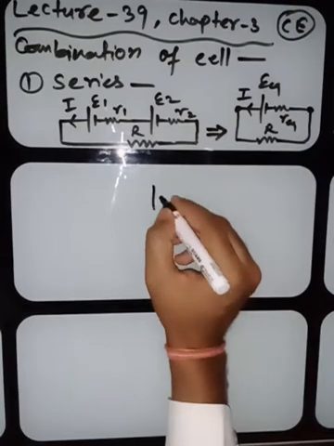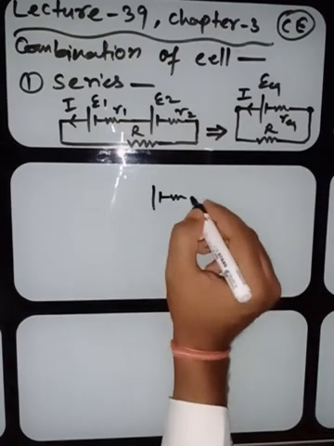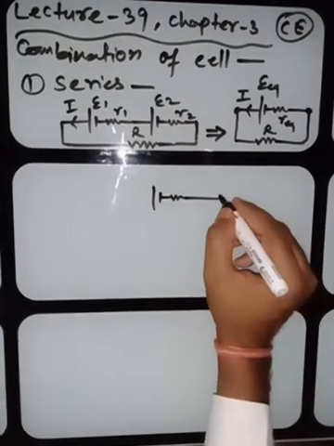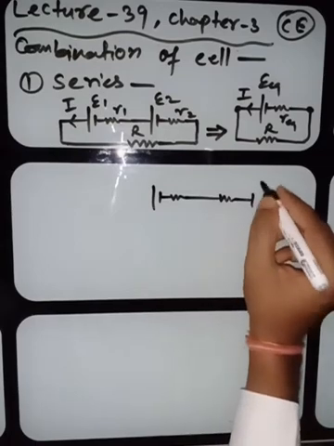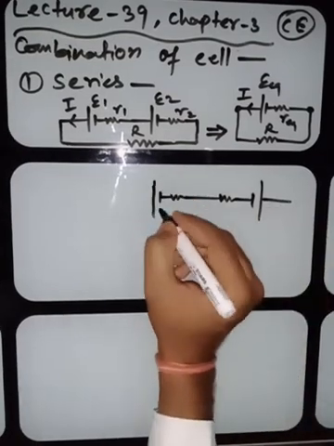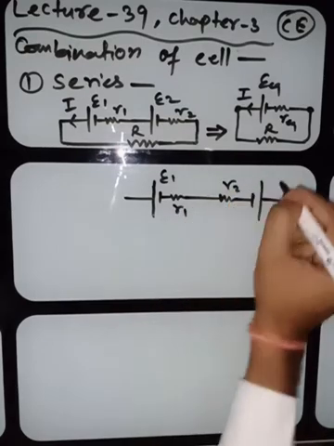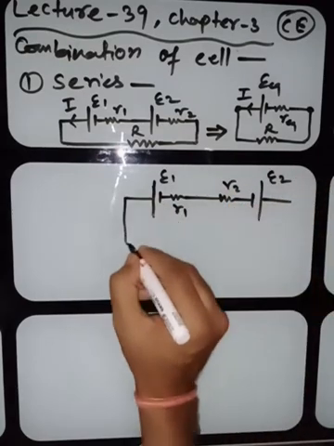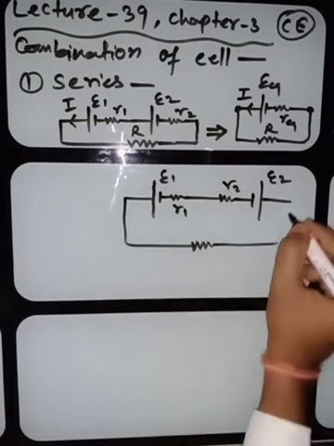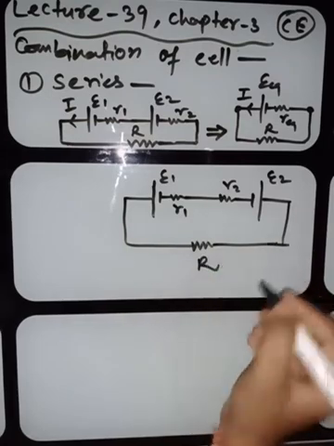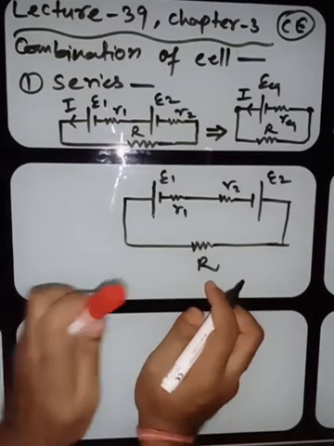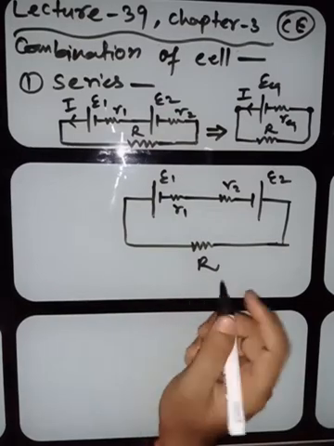If the circuit looks like this one and you flip it, this was the question. Yes, E1 R1, R2 E2, and the external load resistance is the same, then what will happen? Listen carefully and look here, my dear student.